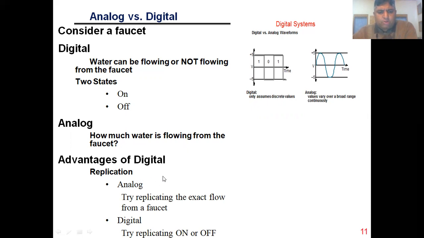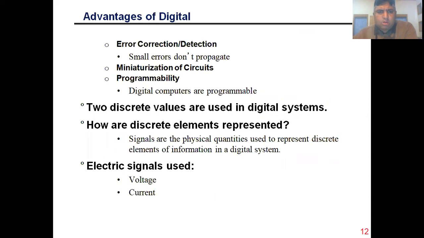What are the advantages of digital? The next slide is basically telling the advantages of digital. In digital quantities, we can detect or correct an error very easily. What is the error in a digital signal? A bit 0 can change into 1, or a bit 1 can change into 0.